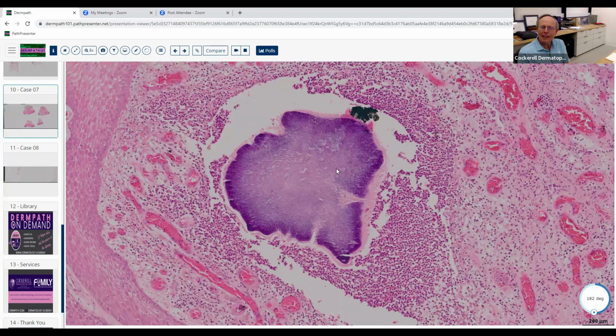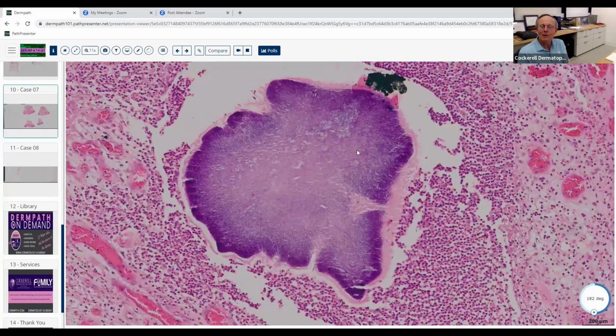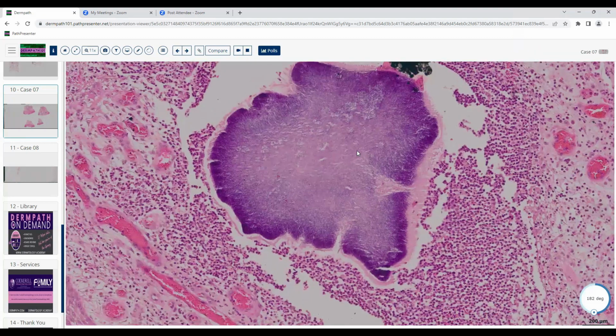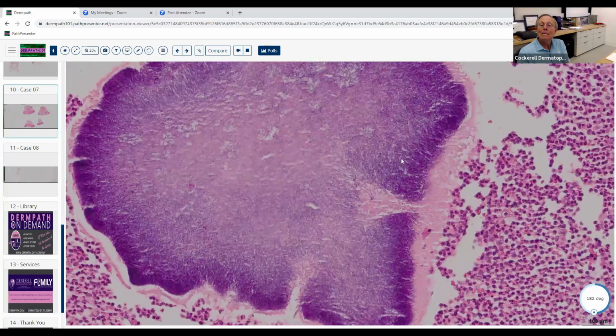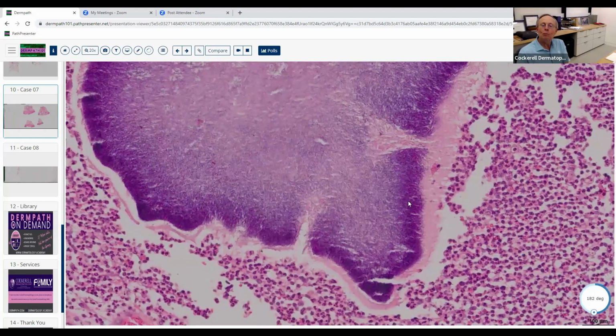Okay. But what's this thing here? It's kind of like an elephant in the room, isn't it? I'm still trying to wonder what it was. It has the dark purple appearance of calcium. Yeah, okay. So calcium is one item in the differential. What else gives you purplish color in the skin?